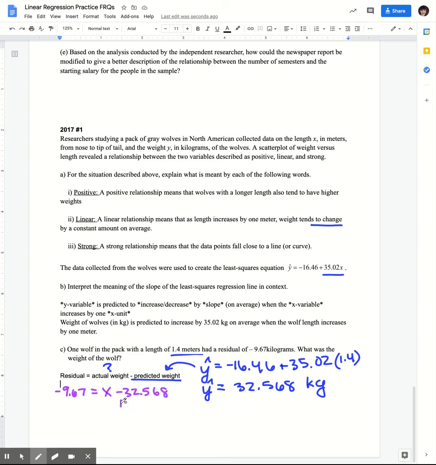Okay, so all I'm going to do is add 32.568 to both sides. Okay, and then what I end up with is x equals, that equal sign is terrible. Let's try that again. x equals 22.898 kilograms. Okay, and that is my final answer.